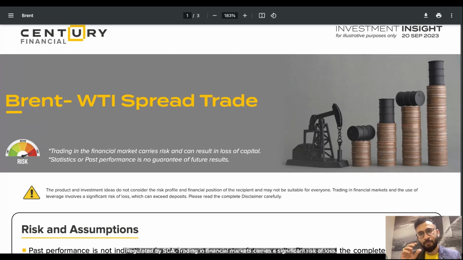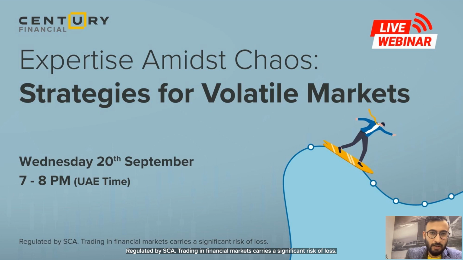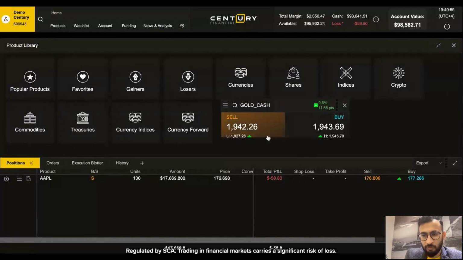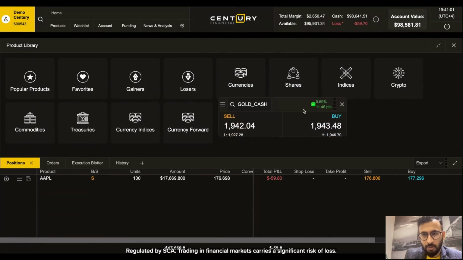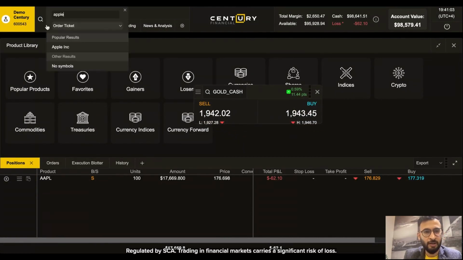Now, the strategy between Brent and WTI is actually very interesting, because if you check the price of both Brent and WTI, let me quickly switch to the platform to show you the price of Brent and WTI.